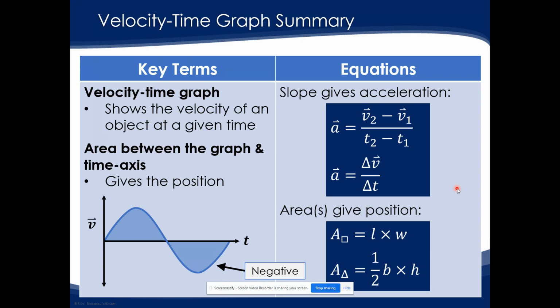Now, if it's above the time axis, it's going to be positive. If it's below, it'll be a negative position. And the slope of these graphs is going to give us our acceleration. And these are the two area equations we really need to make sure we know, the area of a rectangle and the area of a triangle, because those areas are also going to tell us the position of where we're at.